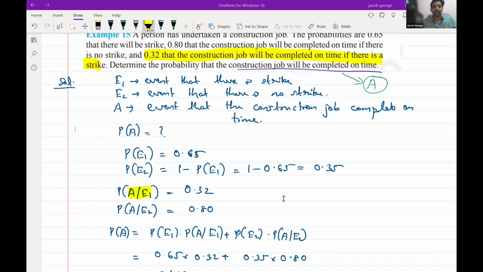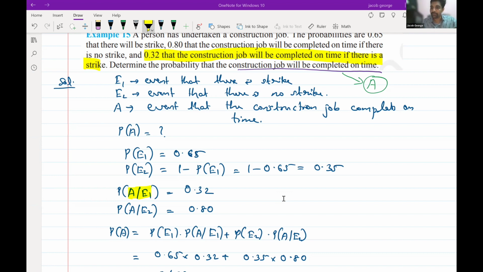Now P of A given E2 means, so take the correct expanded meaning: A means job will be completed on time, given that there is E2. What is E2? There is no strike. Raghav, what is that value? Where is that sentence? Job will be completed on time given that there is no strike. Can you see the sentence above, 0.80?